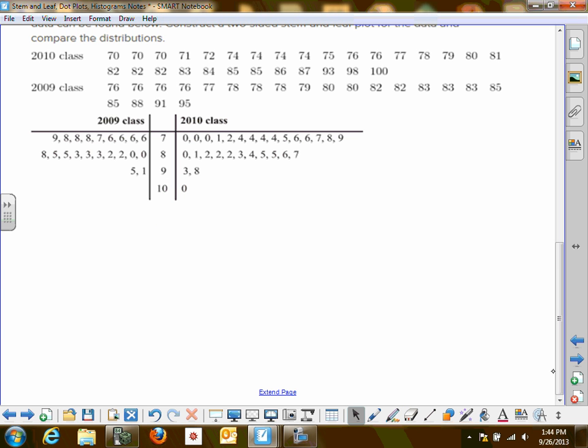But let's talk about how to write the key for these. So here we go. Here's our key. Pick a stem. I'm going to pick the stem 7. Now, the first number on the left is a 6, and the number on the right is a 0. So I'm going to explain what that means. What does this left side of this key mean?